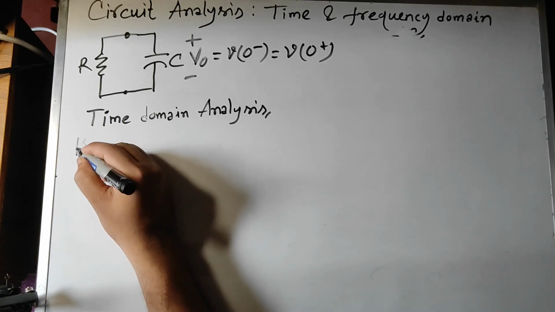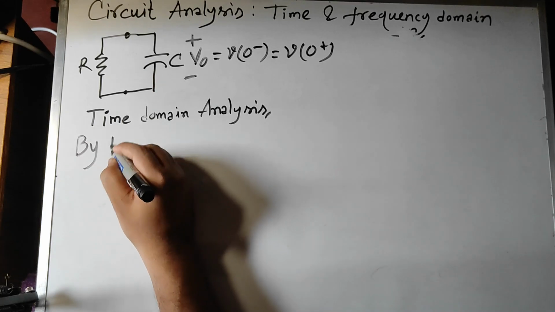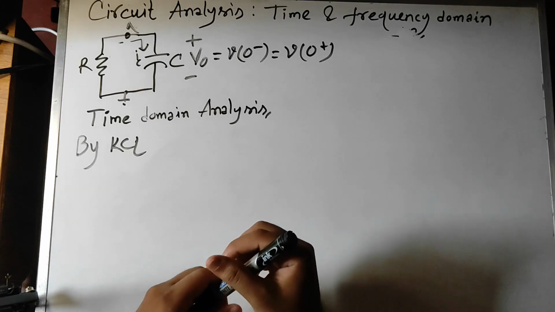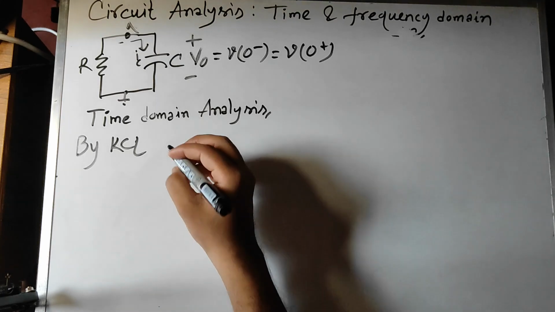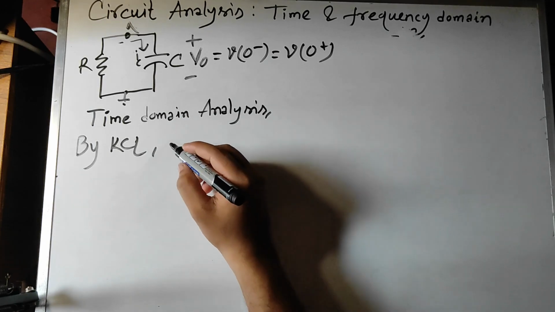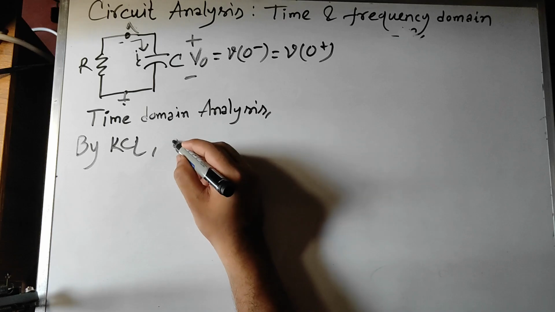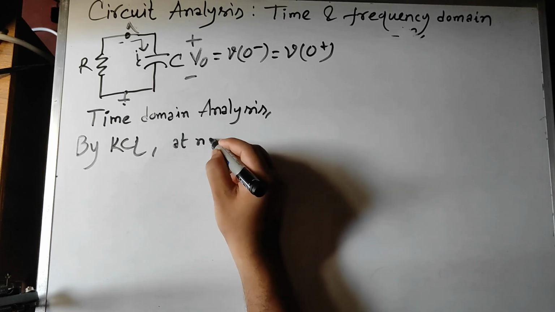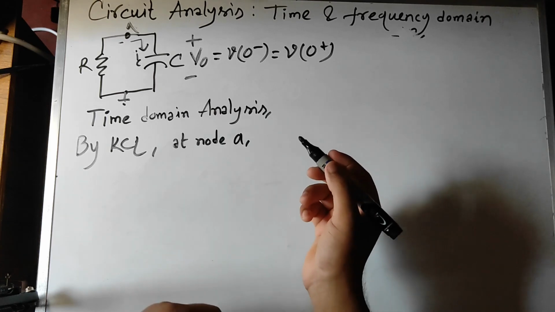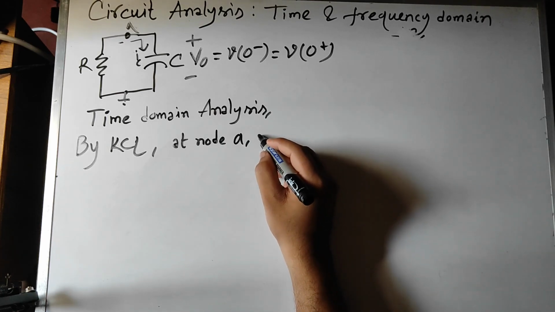So by KCL, by applying KCL, we find at the node, assume the node voltage is V(t).